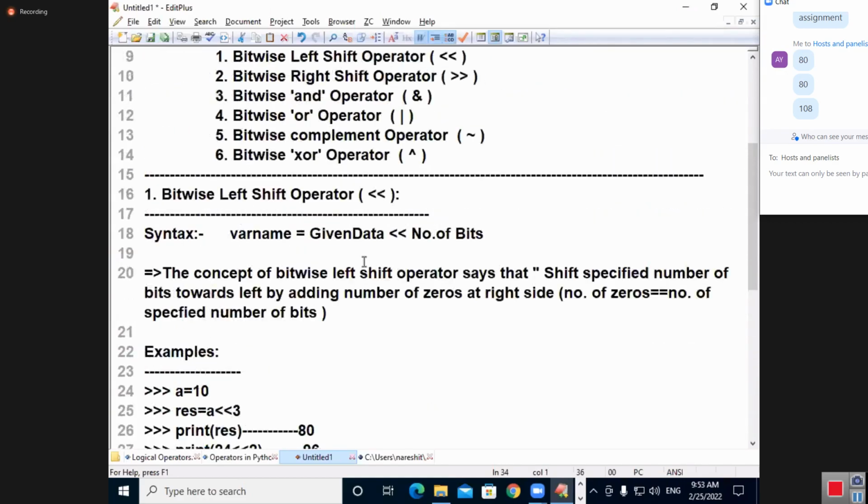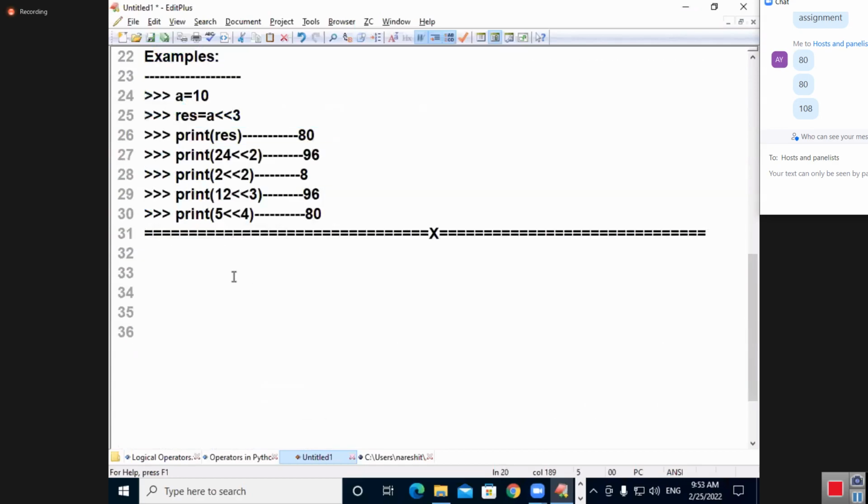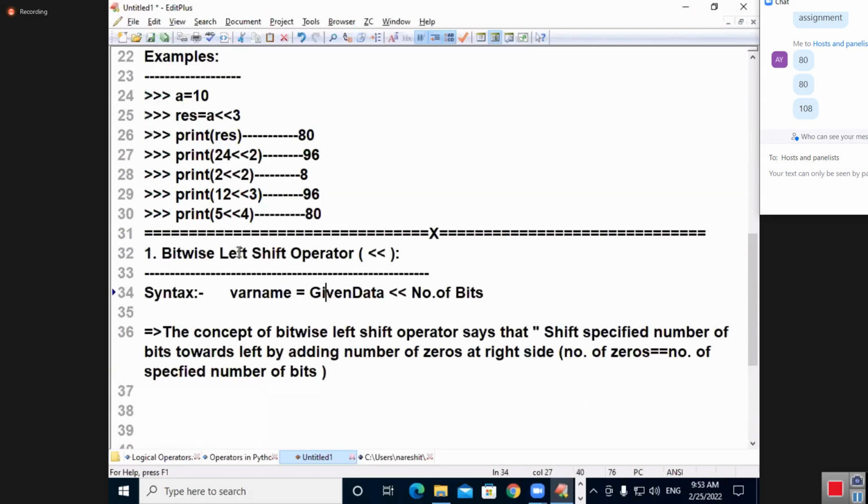So let us come to the bitwise right shift operator. Right shift operator I am going to use.